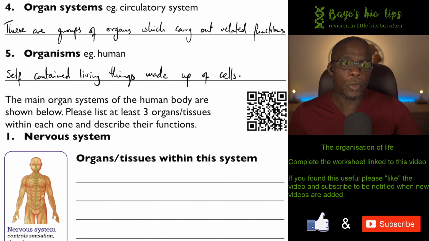Now, some organisms are unicellular, which means that they only have one cell, but other organisms can be multicellular, which means that they're made up of several cells, and those cells have to be grouped in order to carry out their functions efficiently.